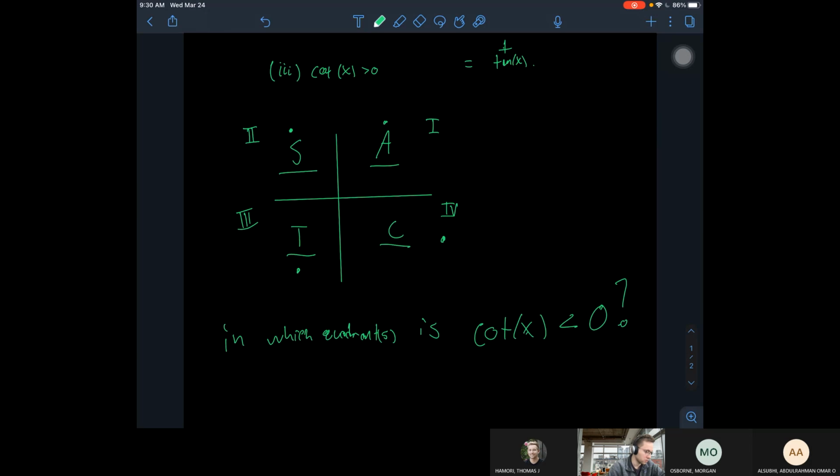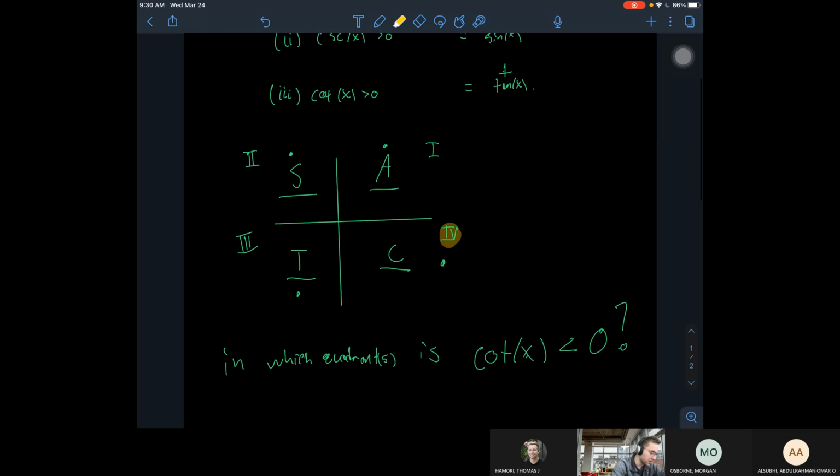Would it be in quadrant 4? In quadrant 4, this is going to be true, right? Because tangent will be negative in that quadrant. So when we do 1 over tangent, we divide 1 by a negative number and we get a negative number. So 4 is definitely on the list.